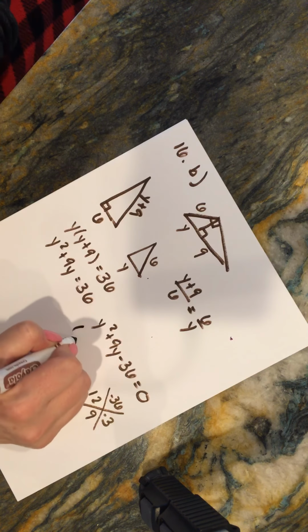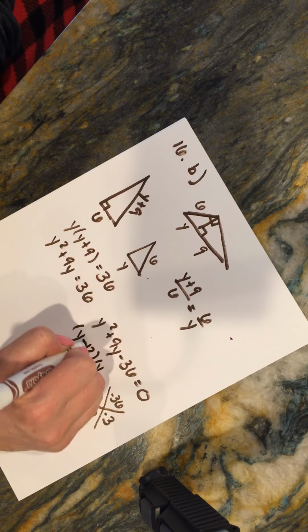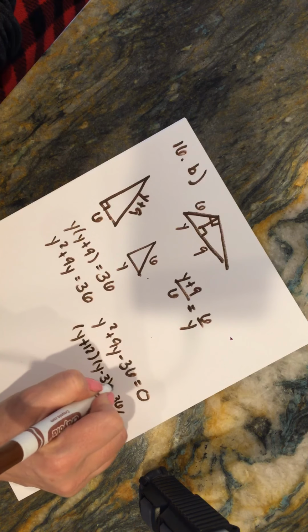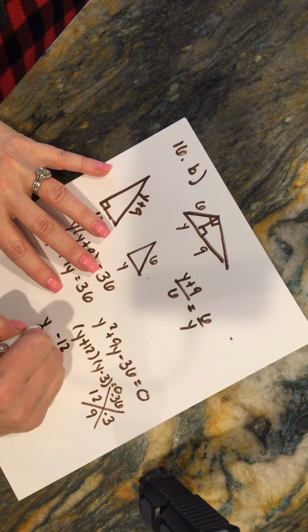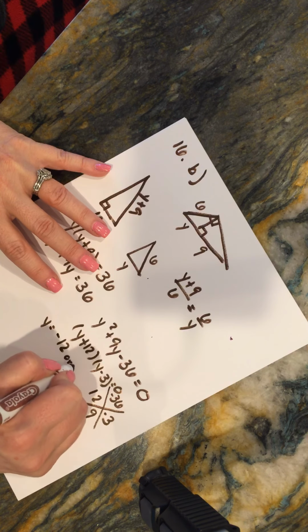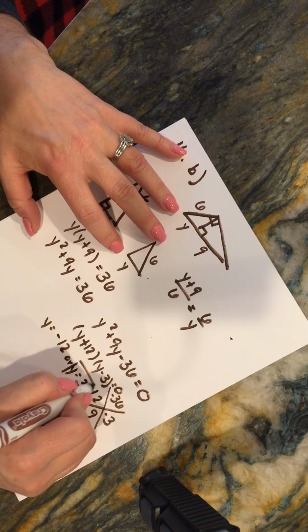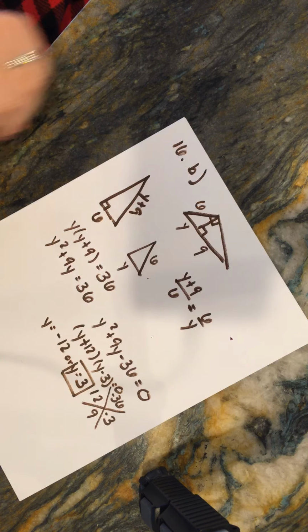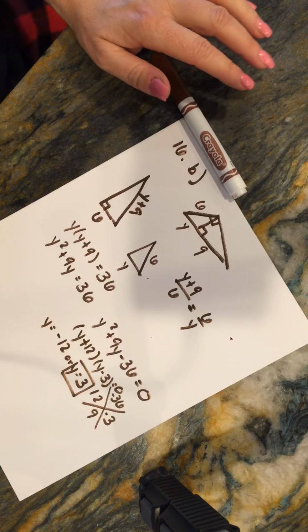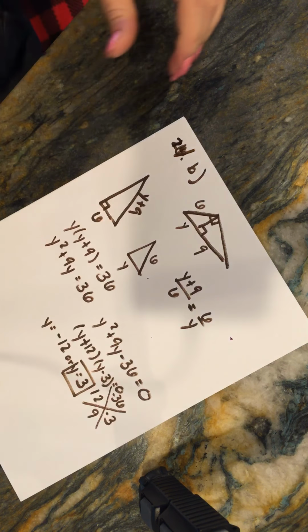So we've got y plus 12 and y minus 3 equals 0. So y equals negative 12, or y equals 3. And since we're dealing with distances, we will take 3. Great. Good work. I'll see you on number, oh, this wasn't 16, this was 24. What am I thinking? I'll see you on the next set.